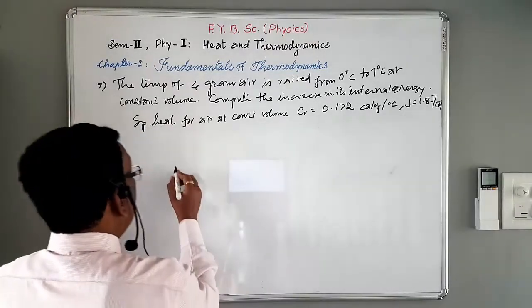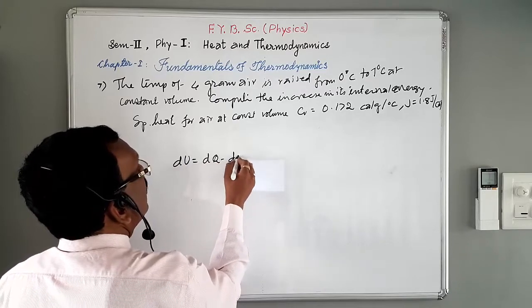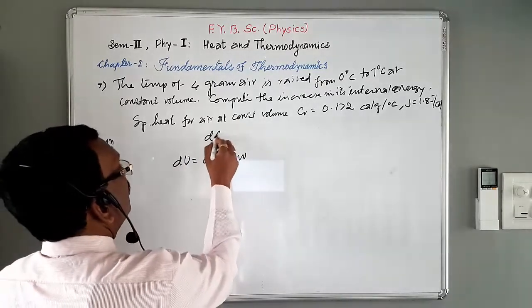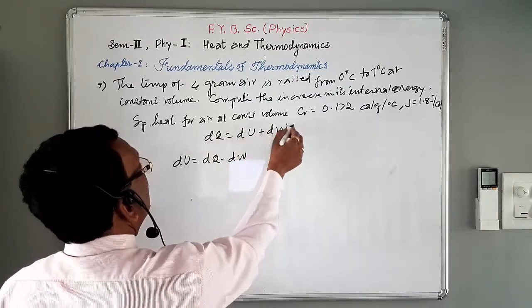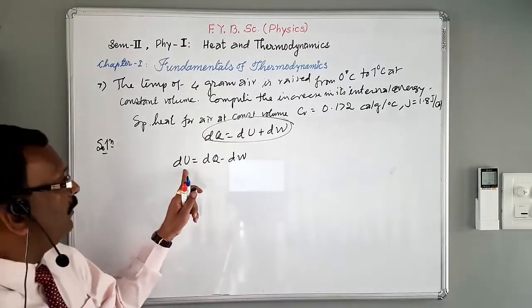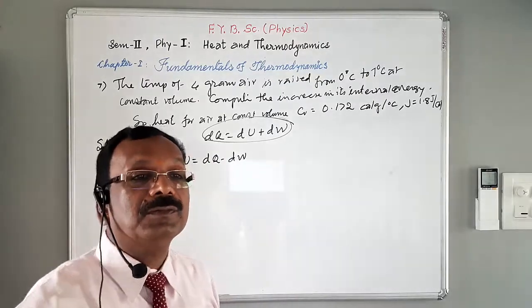So dU is equal to dQ minus dW, because dQ is equal to dU plus dW. This is the statement of the first law of thermodynamics. We just rearrange it and get dU is equal to dQ minus dW.